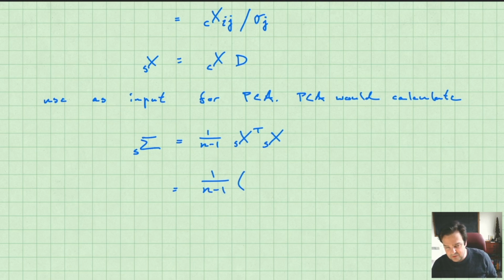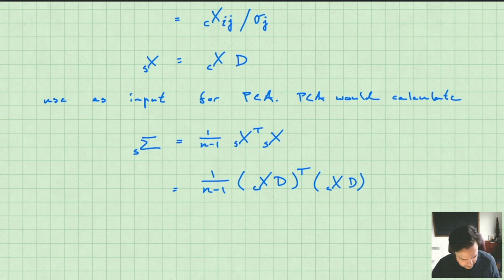And remember that the transpose of a diagonal matrix is just the diagonal matrix. Nothing changes, because when you take the transpose, you switch the rows and columns, and the diagonal matrix only has things on the diagonal, so they have the same row and column already.